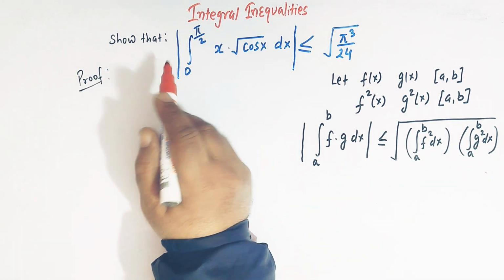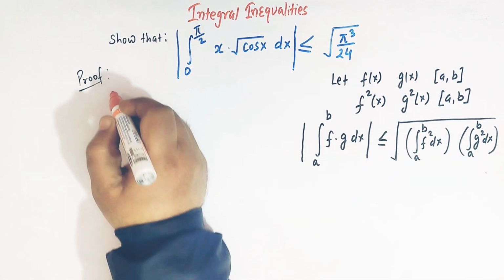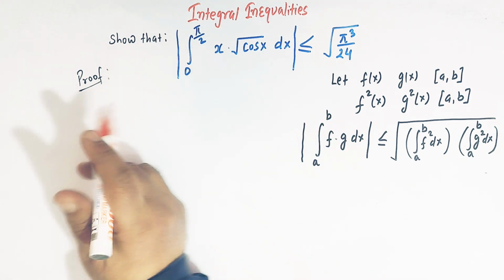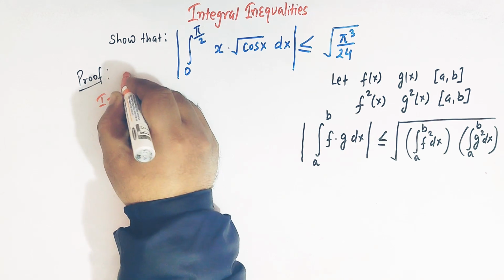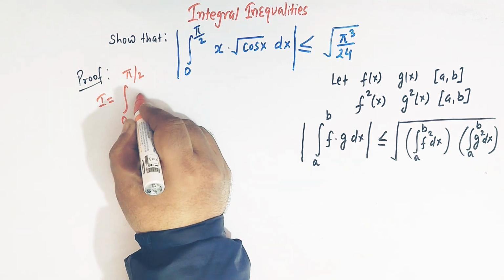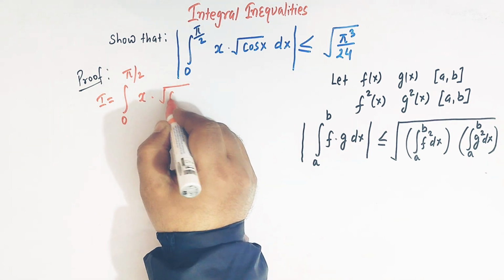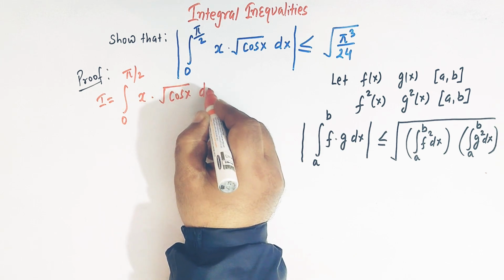Let us first denote the integral inside the mod function by I. So I is the integral from 0 to pi by 2 of x times square root of cos x dx.